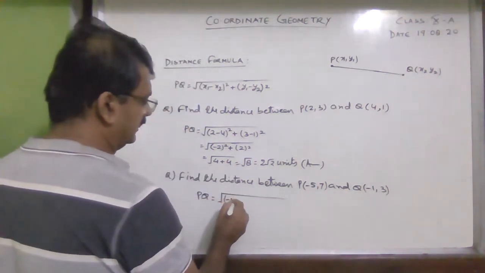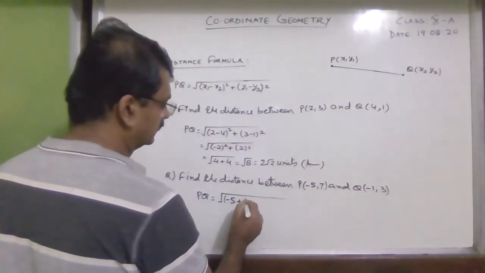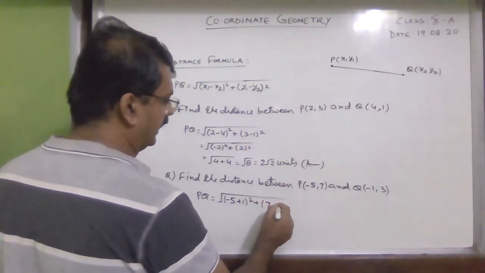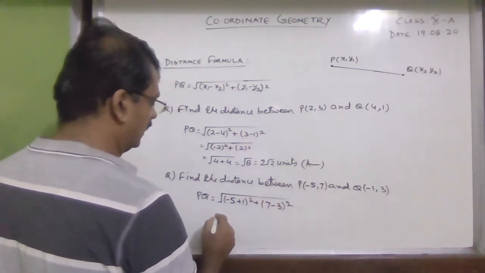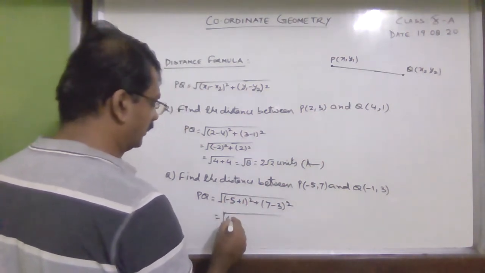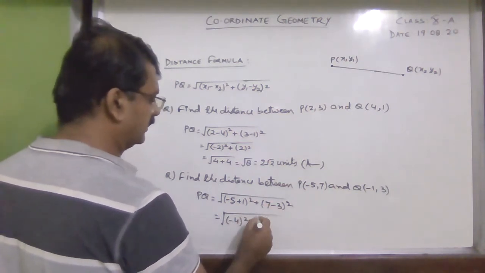So x1 minus x2. So minus minus 1 becomes plus 1. And then y1 minus y2 whole square. Okay. Now you see minus 5 plus 1 is minus 4. 7 minus 3, 4.